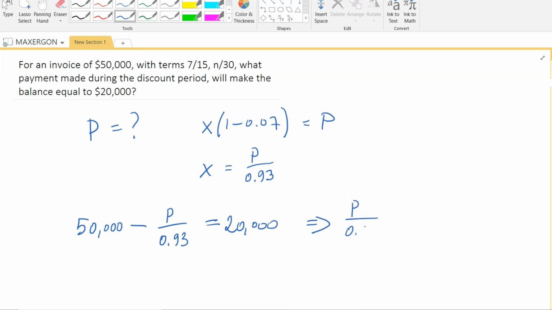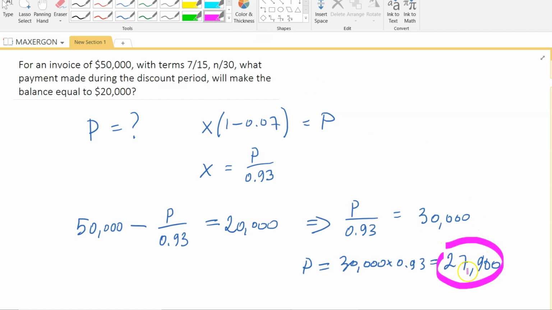P over 0.93 equals $30,000, which is 50,000 minus $20,000. P is equal to $30,000 times 0.93. The answer is $27,900. Thus, if the partial payment is $27,900, the balance after that partial payment will become $20,000.